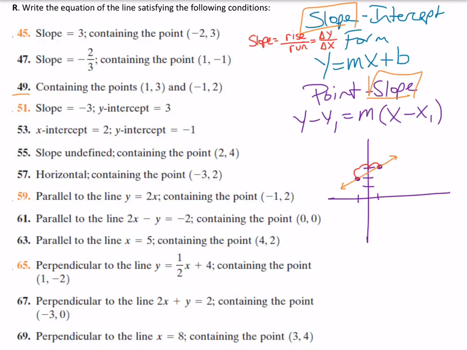So we drew the picture, which gave us up 1 over 2, but how can I figure it out mathematically or conceptually without using the picture? Well, remember, it's change of y over change of x. So the x changed from 3 to 2, so I'm going to do 3 minus 2 on top to find out the change.